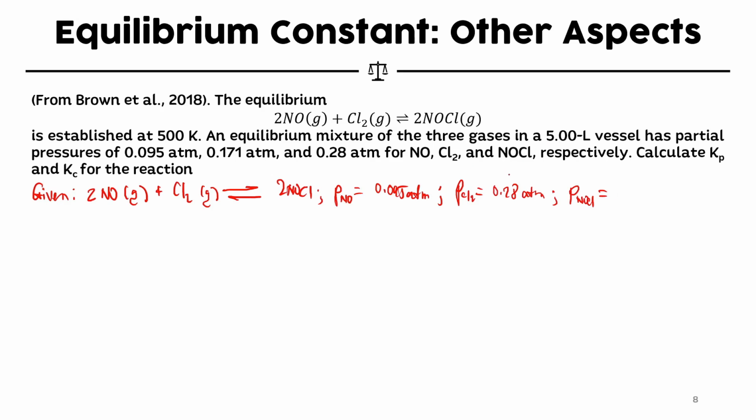So for chlorine, it's actually 0.171 atmospheres, and for NOCl, it is 0.28 atmospheres. Then we need the temperature, which is 500 Kelvin. Now, do we need the volume of the vessel?